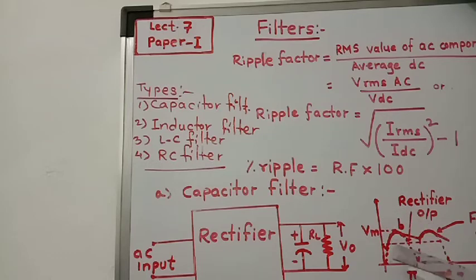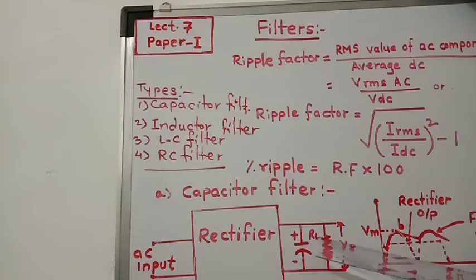Now see how the smooth DC is obtained. Here this waveform is shown. Initially the capacitor C charges to its maximum peak value, that is, the peak value of the input voltage, which is pulsating DC. Then when the input voltage starts decreasing from point B, the capacitor also starts discharging through the load resistance RL.